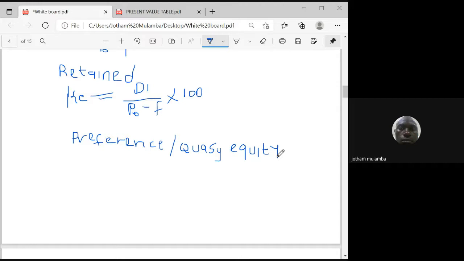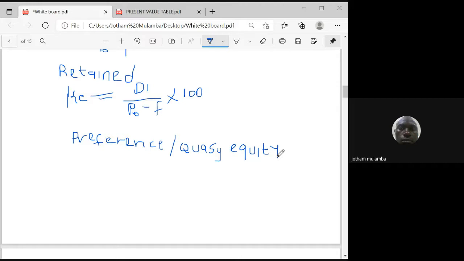The other category, which is now 5 and 6, we have participative preference shares and non-participative preference shares. When you talk of participative preference shares, these are shares whose dividend, as much as is indicated in percentage, that percentage is the minimum.